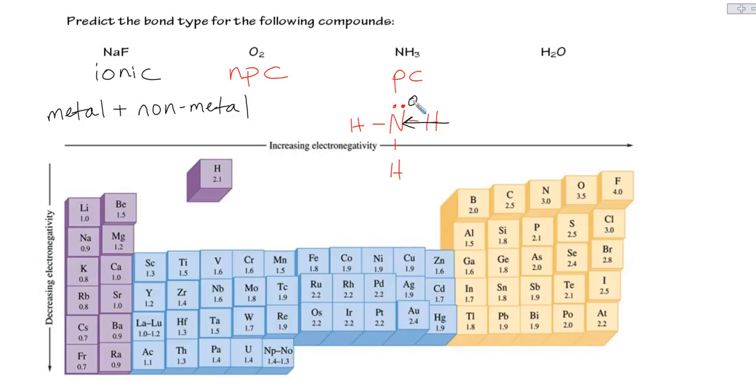The nitrogen is going to be partially negative, and all the little hydrogens will be partially positive. I'm not basing that on any kind of exact electronegativity value. I'm basing it on the position on the periodic table.